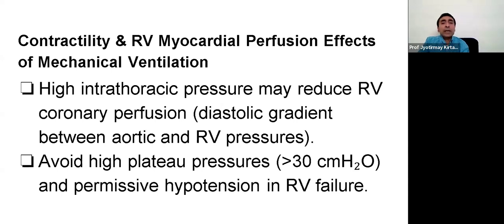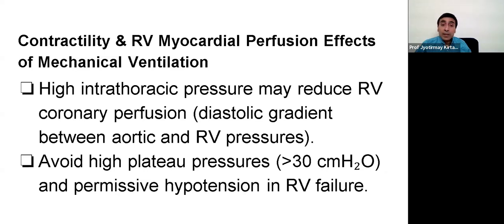So now we come to the contractility and the RV myocardial perfusion effects. If you have a high intrathoracic pressure, it can reduce the right ventricular coronary perfusion. Although the RV gets blood both during systole and diastole, unlike your LV which gets blood only during diastole, RV being a low pressure system, it receives blood during systole as well as diastole.